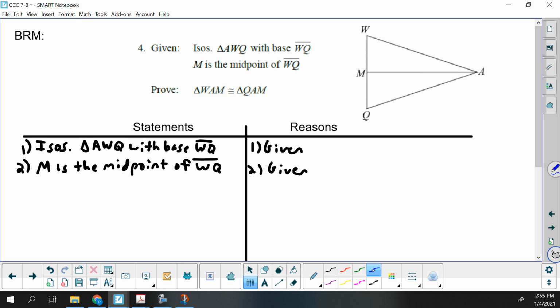So in those givens, nothing was congruent. We're just trying to get those 2 triangles congruent that are in the picture. So maybe let's start with the midpoint.